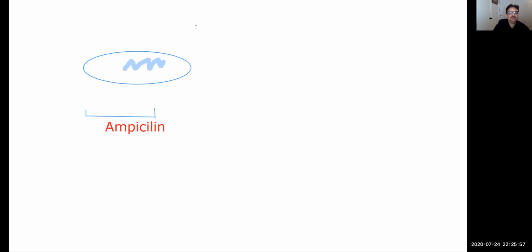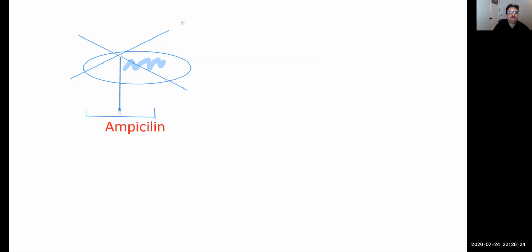It will die because it cannot grow in the antibiotic. It doesn't have a plasmid which would resist the ampicillin antibiotic.